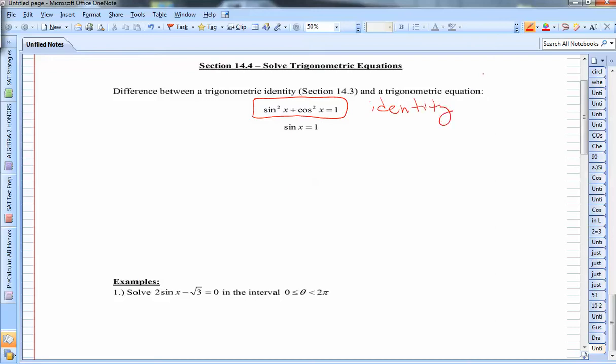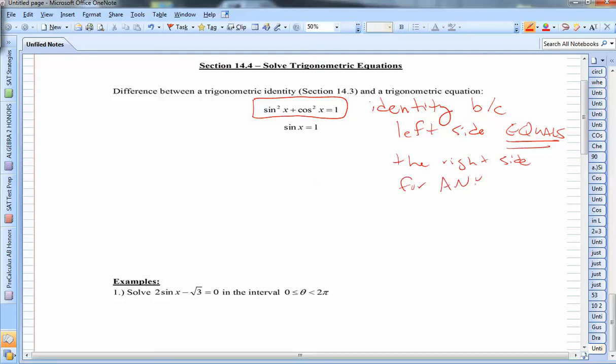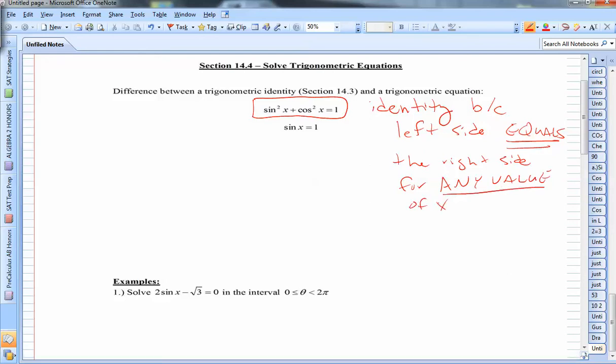The reason why is because the left side equals the right side for any value of x.